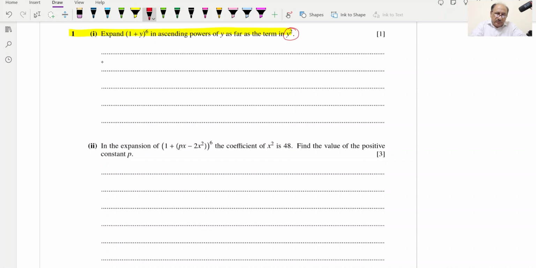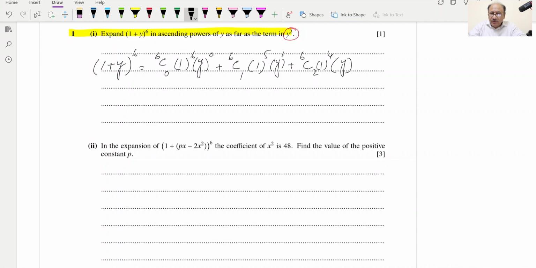So we can write the expansion of (1 + y)^6 as 6C0 times 1^6 times y^0, plus 6C1 times 1^5 times y^1, plus 6C2 times 1^4 times y squared. Up to this one is required.